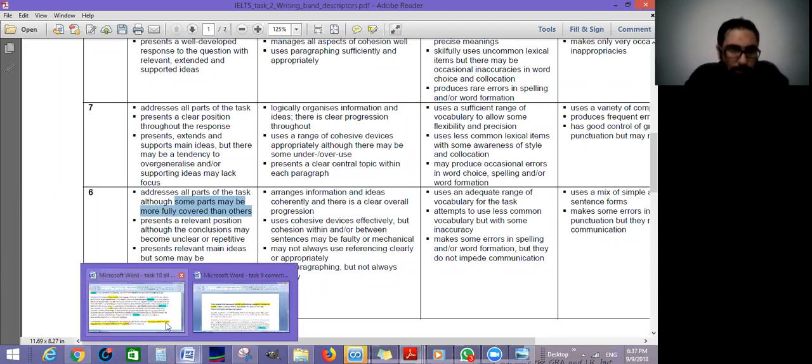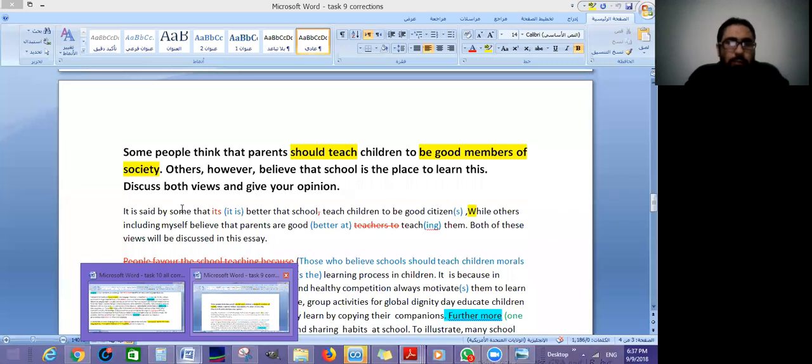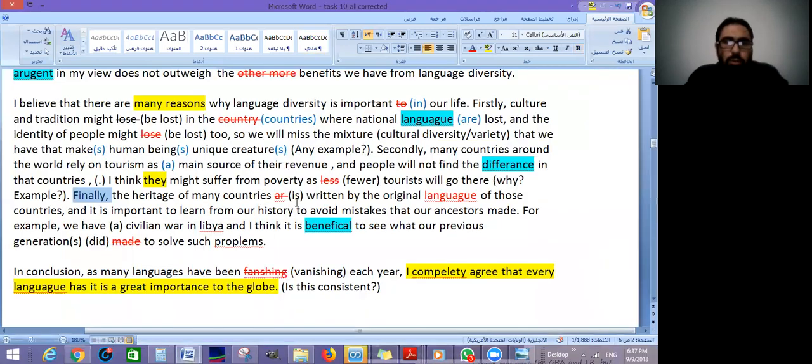Okay, let's get back to that. Finally, the heritage of many countries is written by the original language of those countries, and it's important to learn from our history to avoid mistakes that our ancestors made.